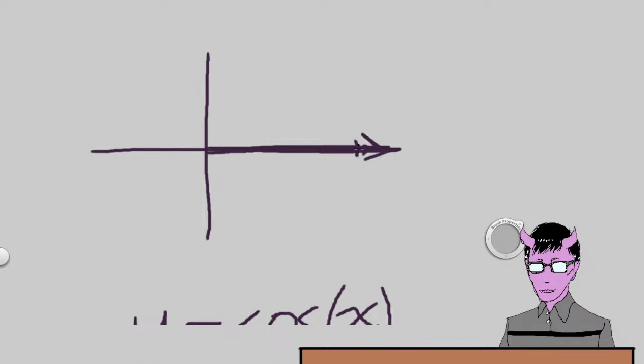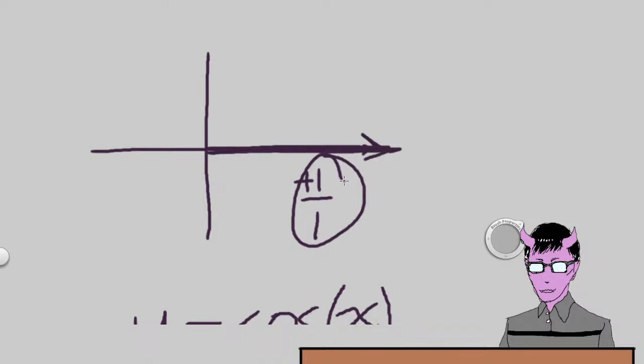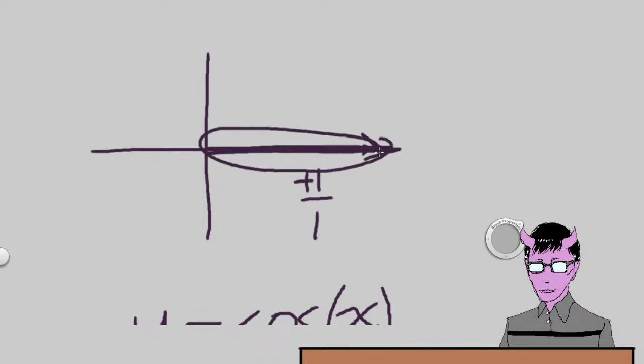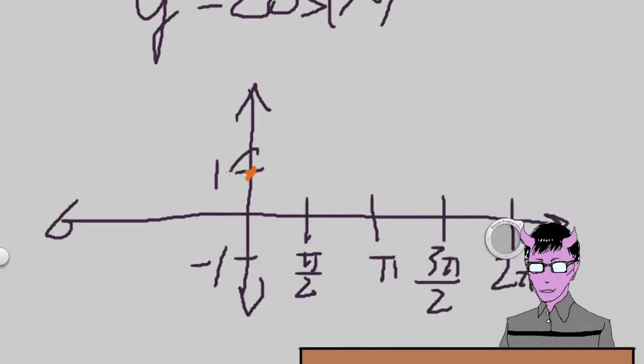That's when the opposite is 0, but the adjacent matches the magnitude of the hypotenuse. So it's a 1-to-1 ratio. And since this is in the positive x direction, it's positive 1-to-1. So cosine of this quote-unquote collapsed triangle is positive 1. And this collapsed triangle, the angle of it is 0. That's why we're right there.